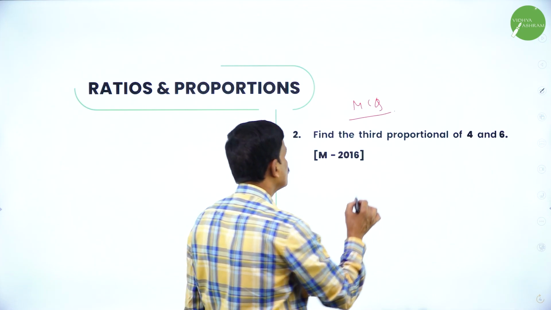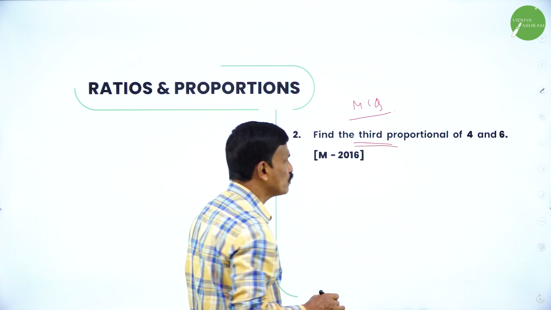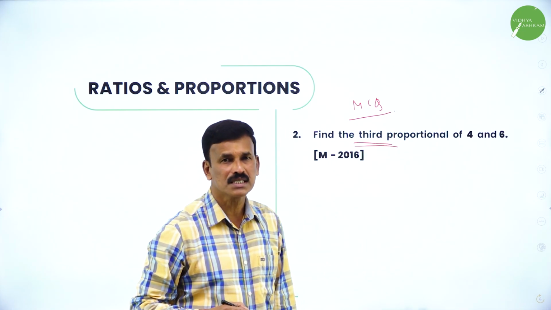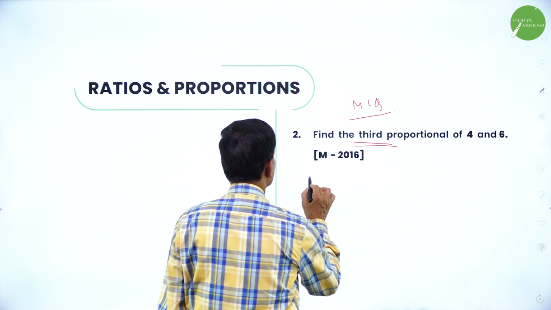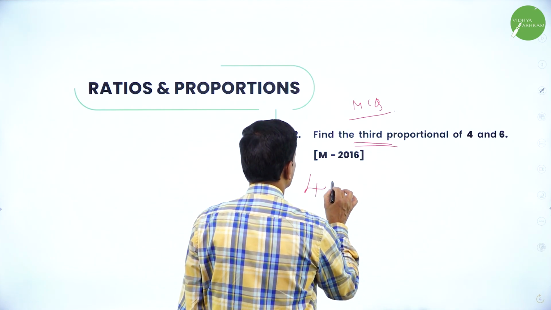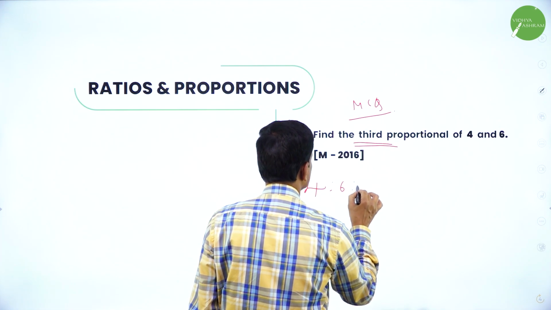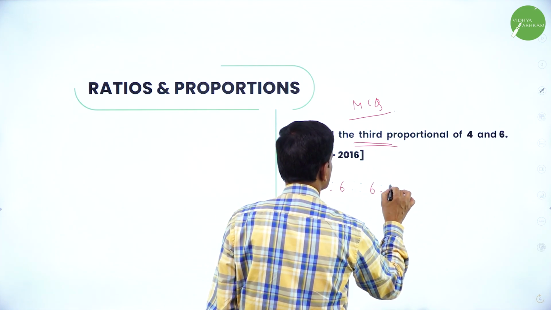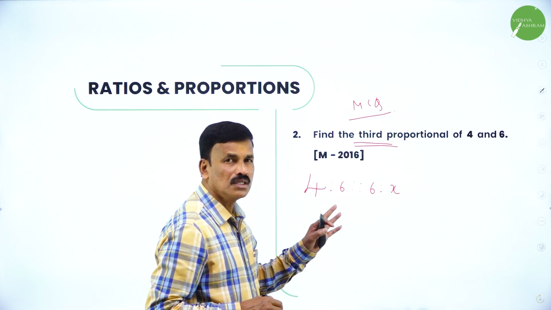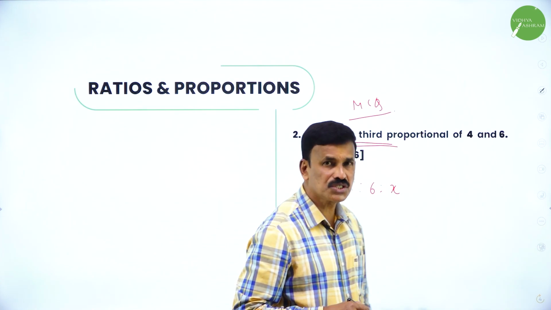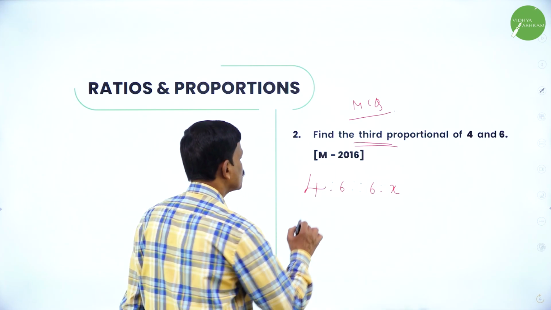Third proportional. So what is to be found here is the third proportional of 4 and 6. Now, this is very important. To find the third proportional of 4 and 6, 4 is to 6 is to 6 is to x. Now multiply this.